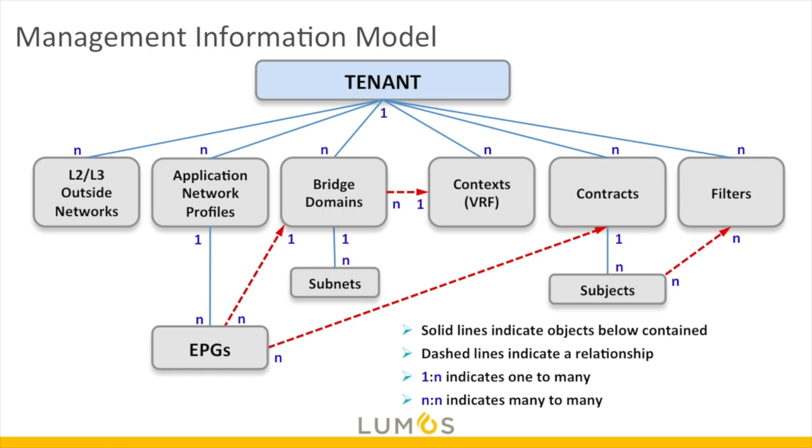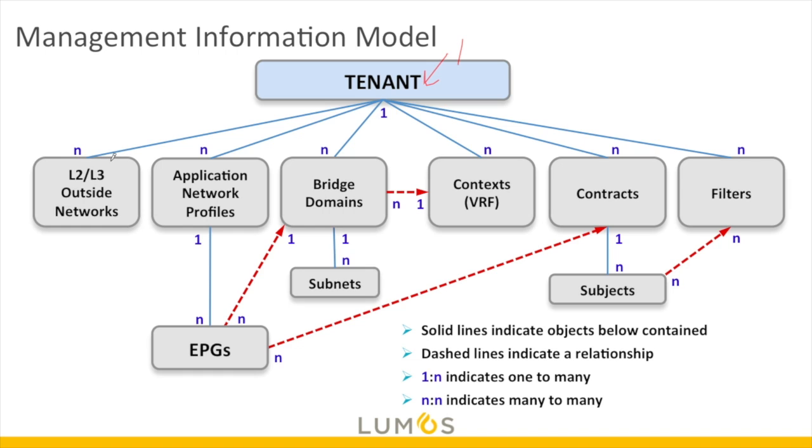So let's take another look at these different objects that we just defined. At the top of the model here, we have a tenant. So this could be Coke and Pepsi, or it could be John and Jane. Above the tenancy, we have the entire system. This might be the infrastructure. We call it the universe, or uni. Below that, we'll have multiple tenants.